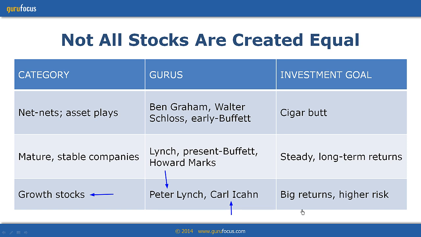And the risk, again, is all dependent on the price you pay for that company. I mean, there's a price for any stock to make it low risk. But generally, these ones we're going to have to pay up a little bit more for, but we still want to have that value mindset. So we want a different valuation model to value one of these versus valuing one of these. Okay.